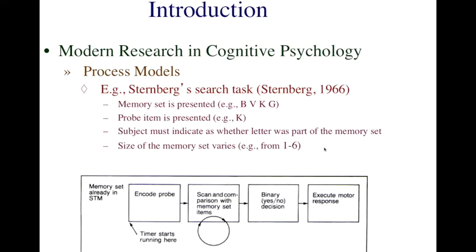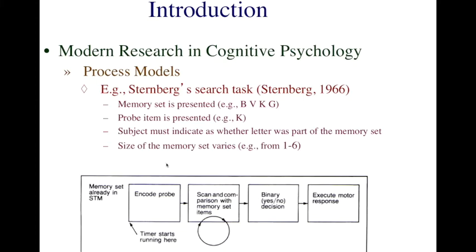Now on every trial, regardless of how big the memory set size is, encoding the probe, making a decision, and executing a motor response should be equal in the time it takes them. There's no reason to expect executing a motor response would be longer if you had 6 items in your original memory set. Likewise, there's no reason why coming up with a binary decision, yes, no, it's present, would take any longer if you had 6 items or 1 item.